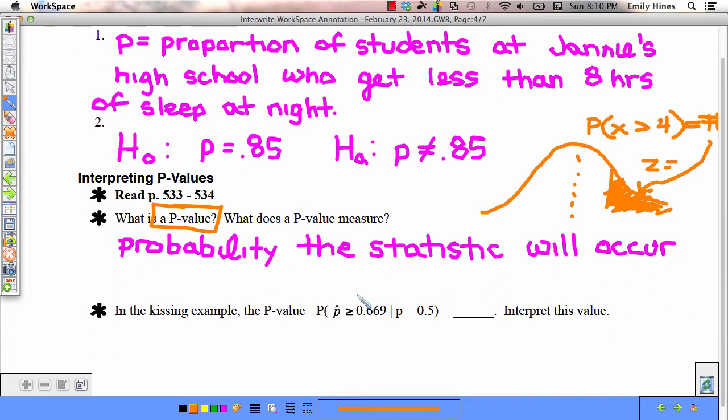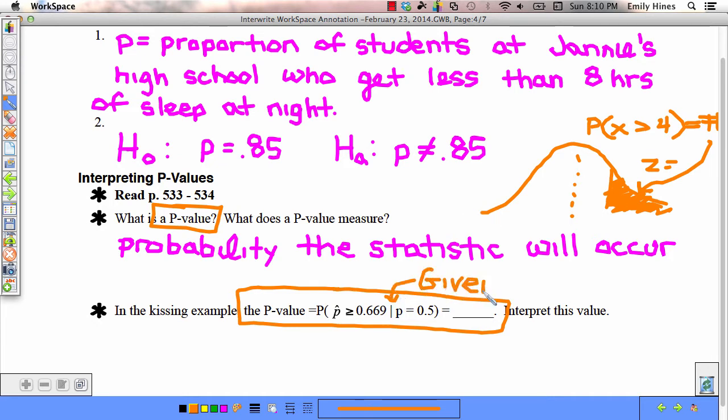So a lot of times you'll see the notation written like this. For the kissing example, this is the p-value represented as the probability that the sample proportion would be greater than or equal to 0.669. And we know this line from chapter 5, given that the claim p equals 0.5 is true.